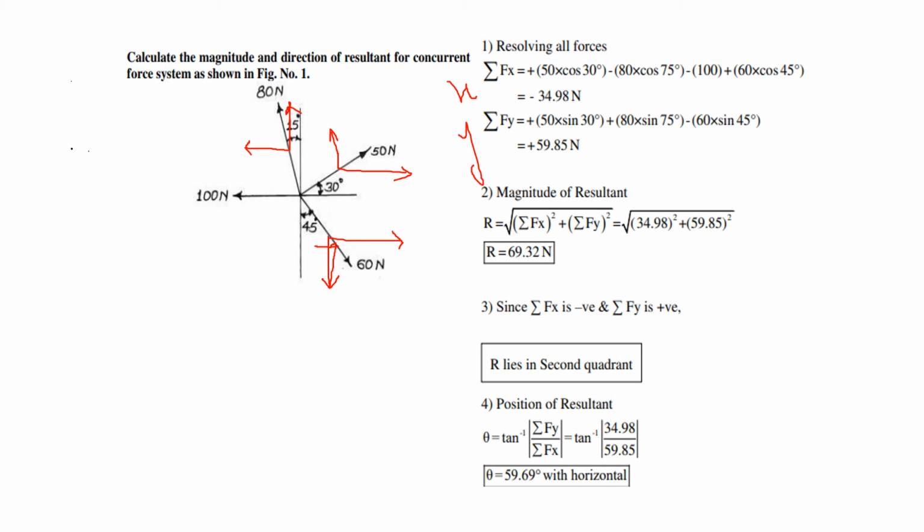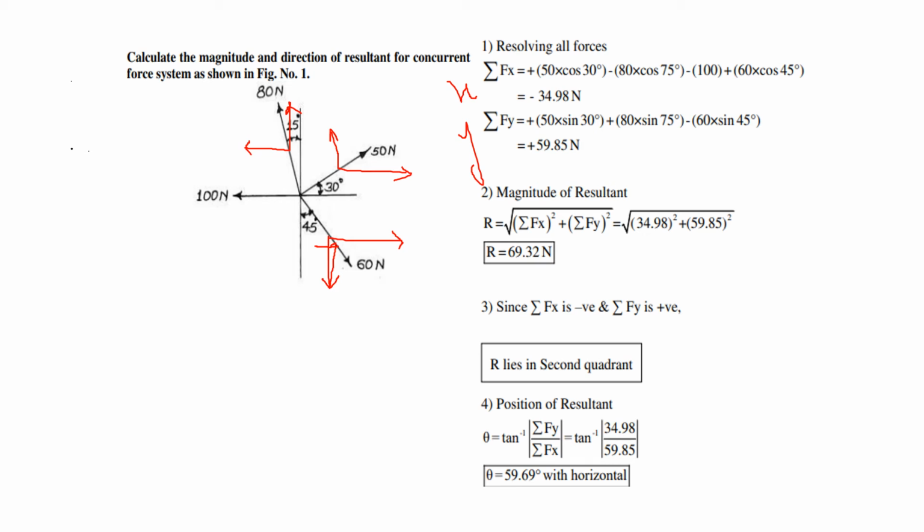So summation Fy is this 50 plus 50 cos 30. It is positive. Then this 80 has its arrow on the left side, so minus 80 cos 75.